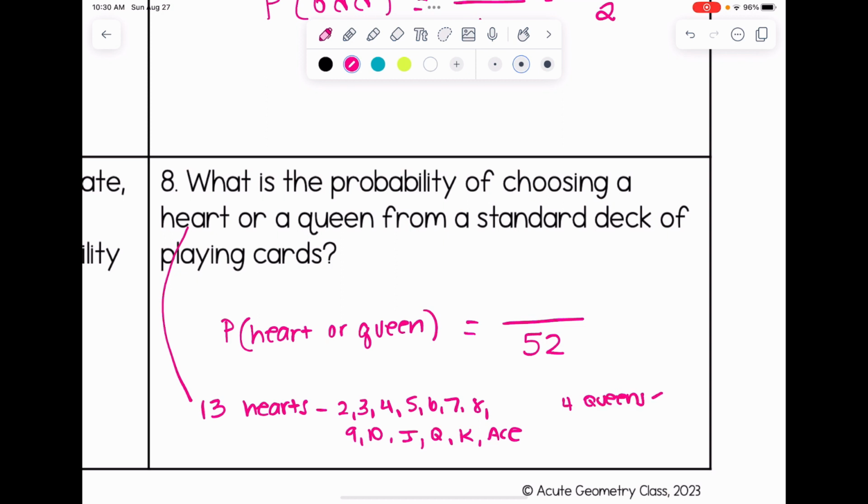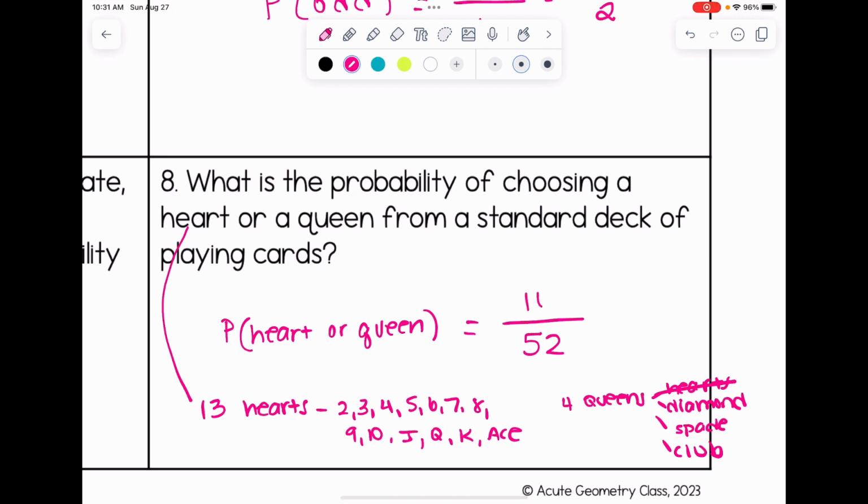There's the queen of hearts, diamonds, spades, and clubs. The only thing we want to note here is that we have already counted the Queen of Hearts, so we just don't want to count it twice. So there are 13 hearts and then 3 other queens we could choose from.